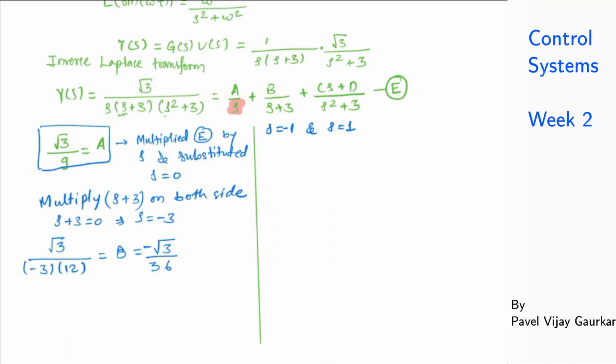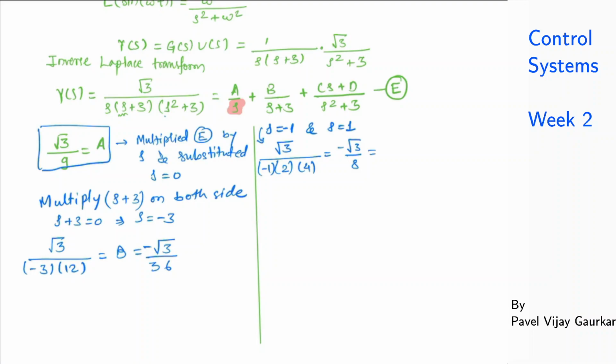So when we substitute s equals minus 1, here we are left with under root 3. So this is minus 1. Here we will have 2, and here we will have 4. So this is minus under root 3 by 8.